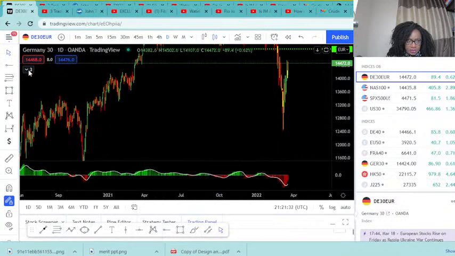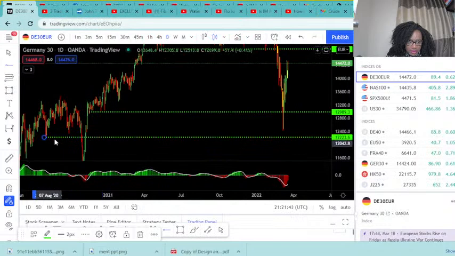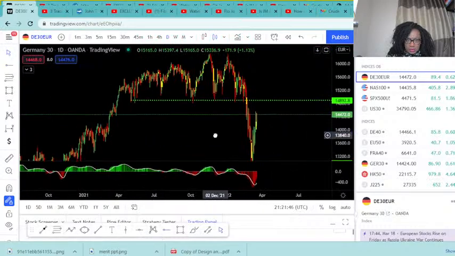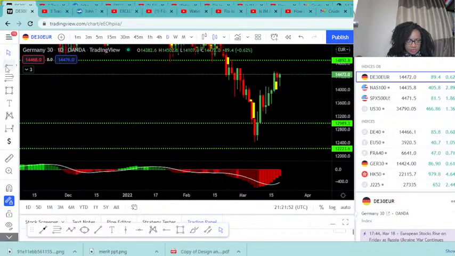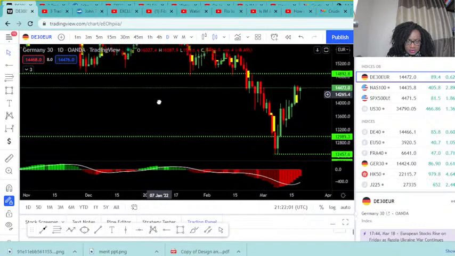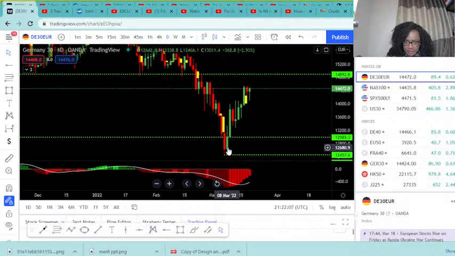We can begin to see that there are certain zones of concentrated activity here, which I guess is good, but you can also see that very recently we started experiencing a fall in the price of the DAX, saying that since the 8th of March there seems to be a day-on-day increase.